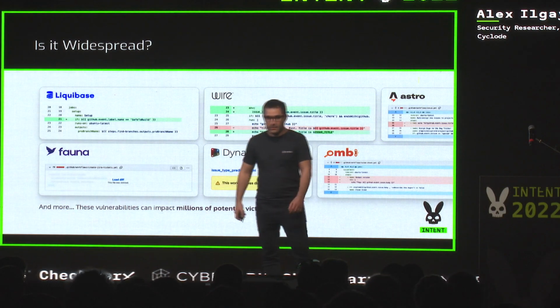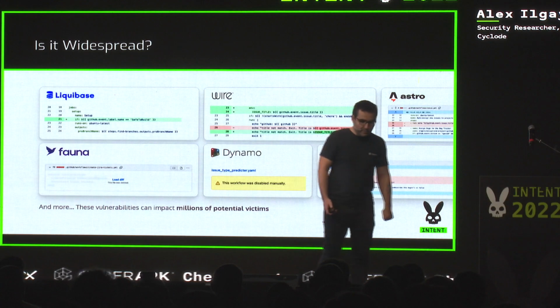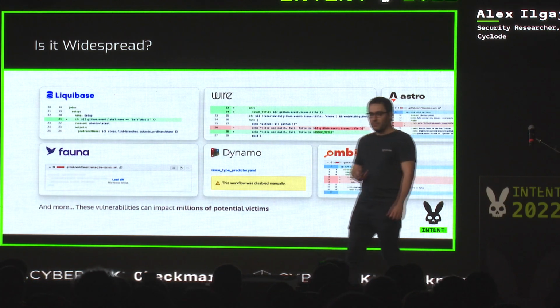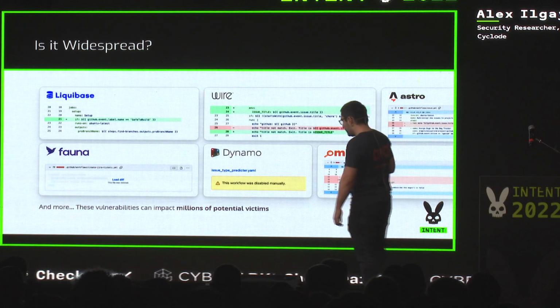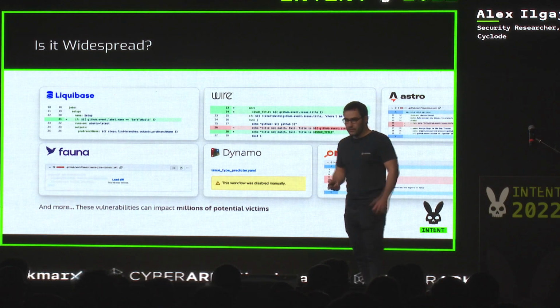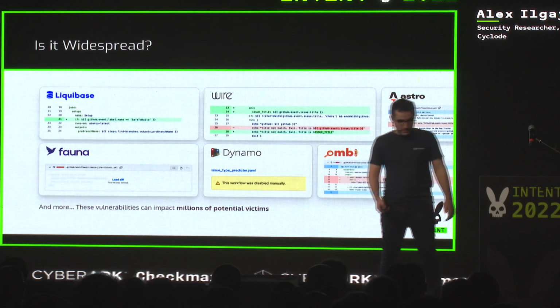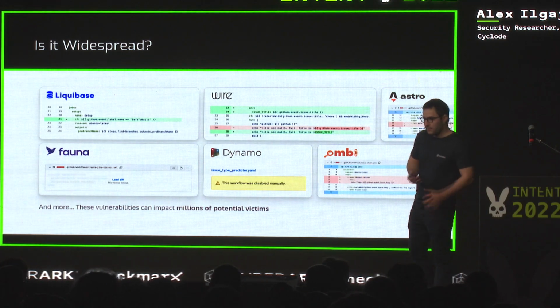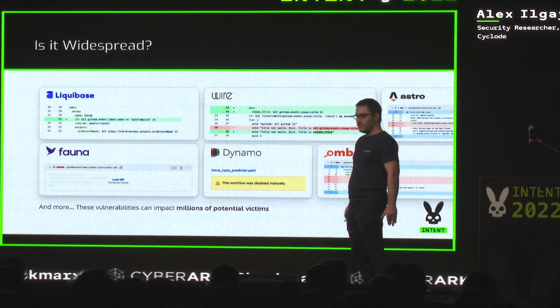These projects have thousands of stars on GitHub and millions of users. Liquibase on its own claims on its site it has more than 75 million downloads. So we can safely claim that these vulnerabilities could reach millions of potential victims. Of course, I disclosed this vulnerability to each and every vulnerable project, and they fixed it almost immediately.